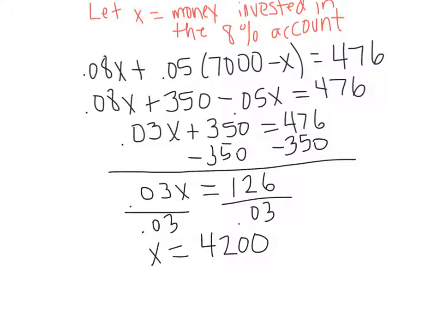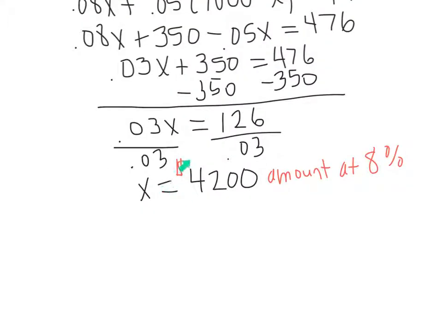The x represented the principal, which is the amount of money invested at each rate. So the 4,200, we need to look back at our chart and see which percentage we put that as. And we put it as the 8% account. So the 4,200 here is the amount at 8%. So make sure you put the dollar sign on here.